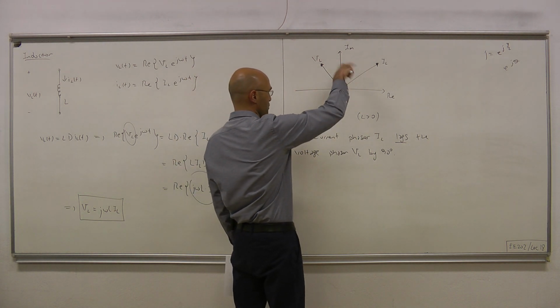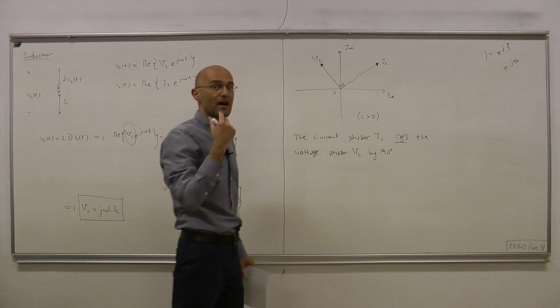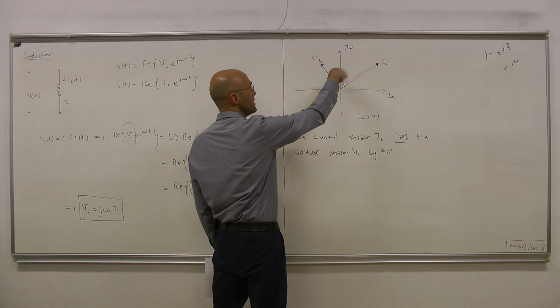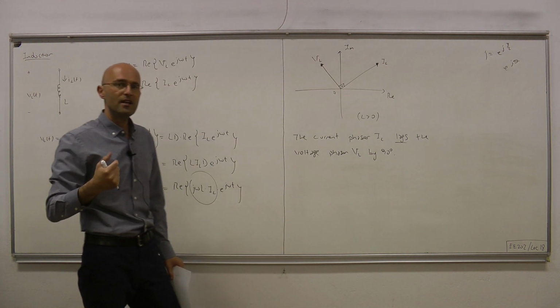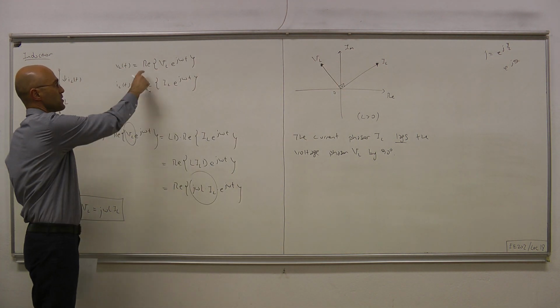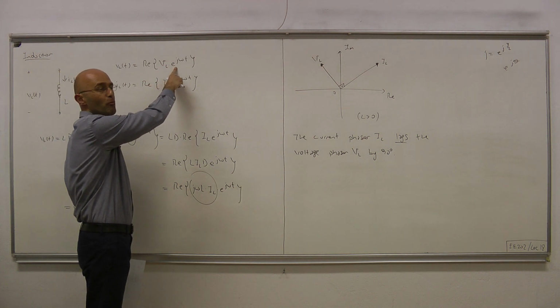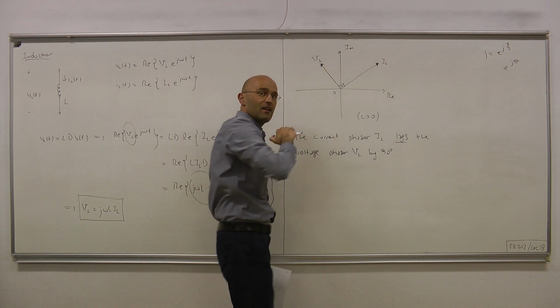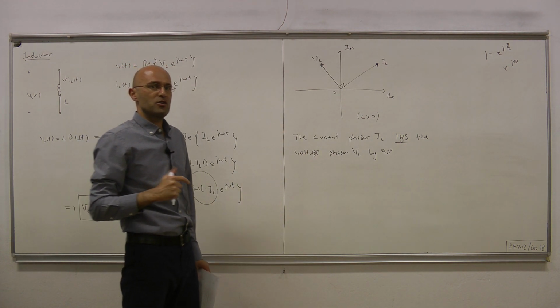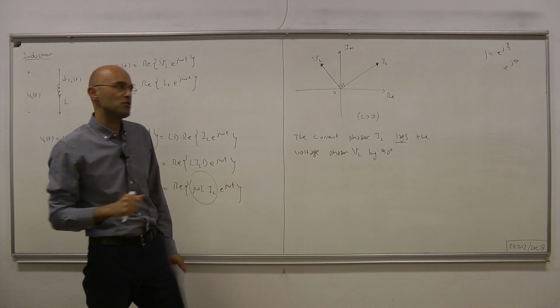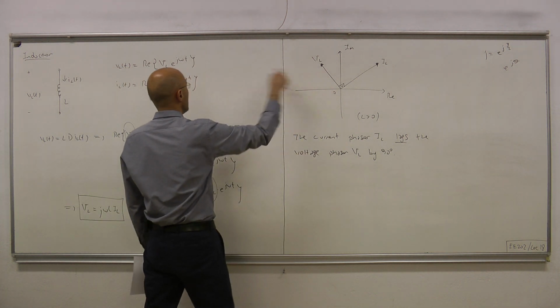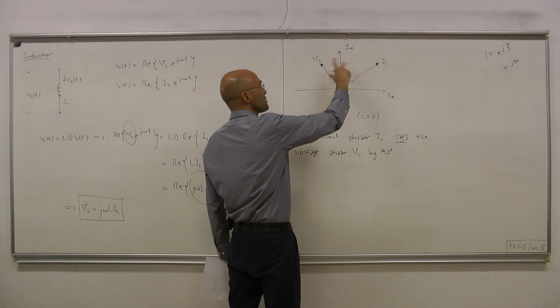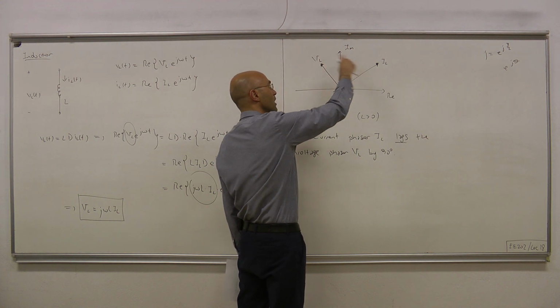because to find the real time, the time domain signal, what we do is we multiply these things by e to the j omega t and then look at their real parts. And multiplying something by e to the j omega t produces rotation in the counterclockwise direction with frequency omega radians per second. So in a sense, when multiplied by e to the j omega t, this thing starts rotating in the counterclockwise direction.